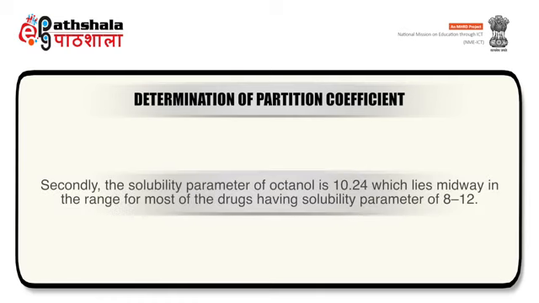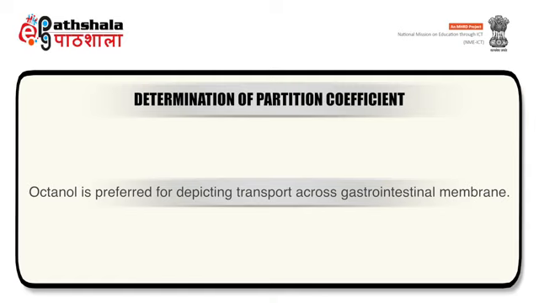Secondly, the solubility parameter of octanol is 10.24, which lies midway in the range for most of the drugs having solubility parameter of 8 to 12. Octanol is preferred for depicting transport across gastrointestinal membrane.